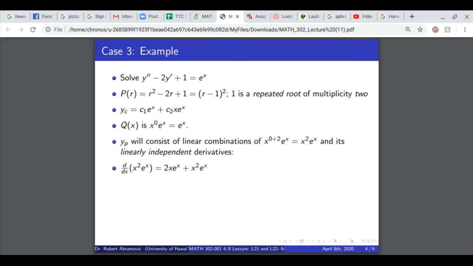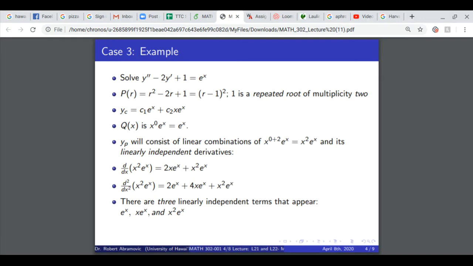The derivative of x squared e to the x is 2x e to the x plus x squared e to the x. The second derivative of x squared e to the x is 2 e to the x plus 4x e to the x plus x squared e to the x. There are 3 linearly independent terms appearing: e to the x, x e to the x, and x squared e to the x.